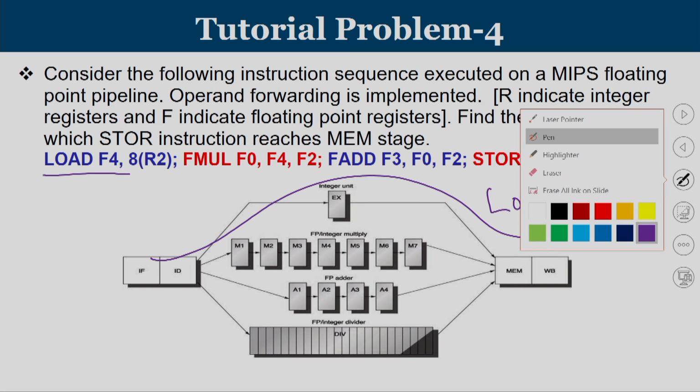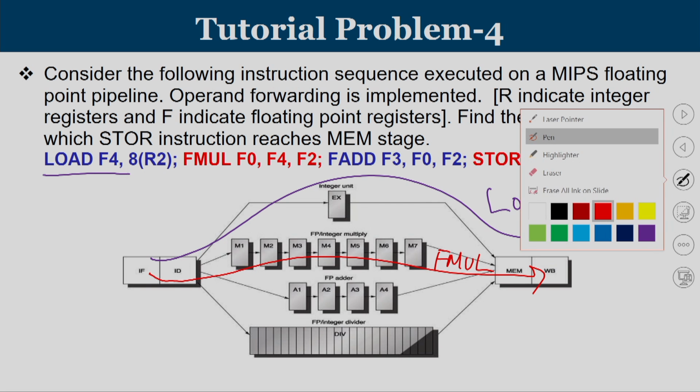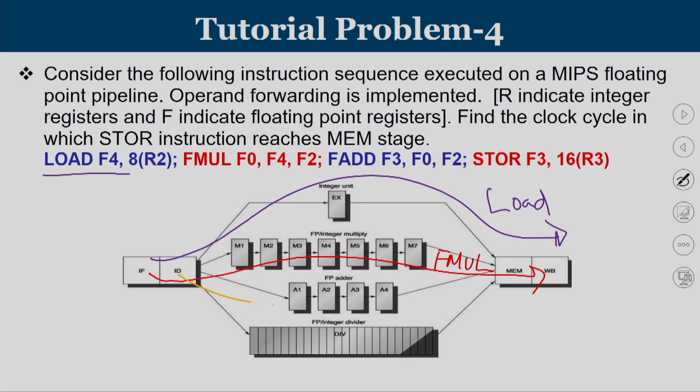The second instruction, the multiplication instruction, is carried out by the multiplication unit, called fmul, floating point multiplication. The third instruction is carried out by the floating point add unit, so it is fadd, and the last instruction is again carried out by this unit, and that is called the store.